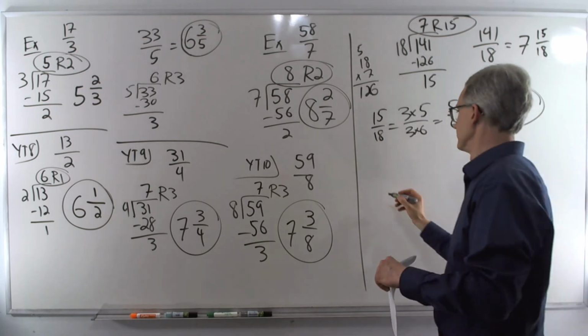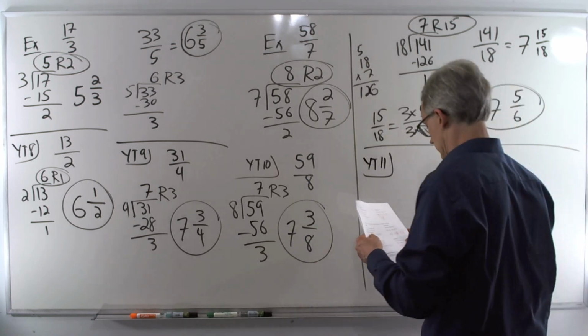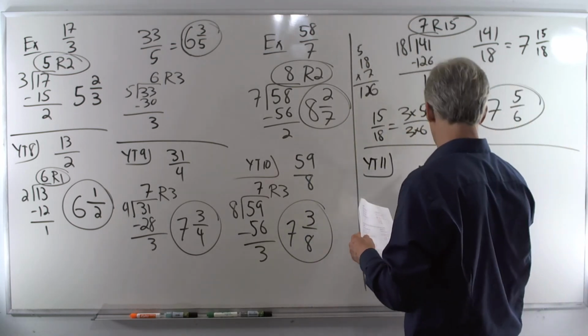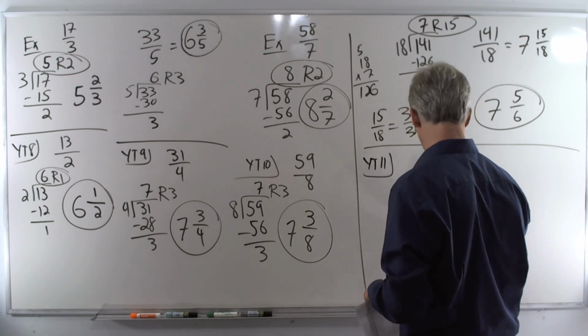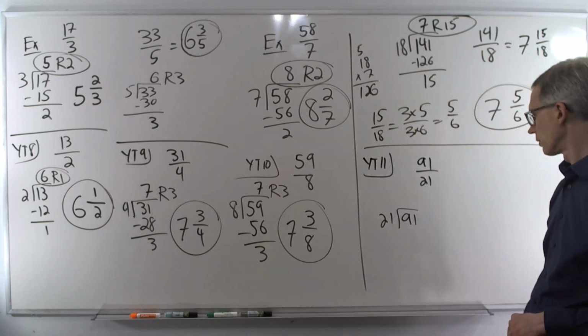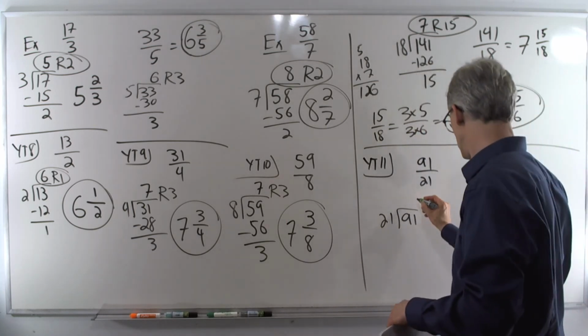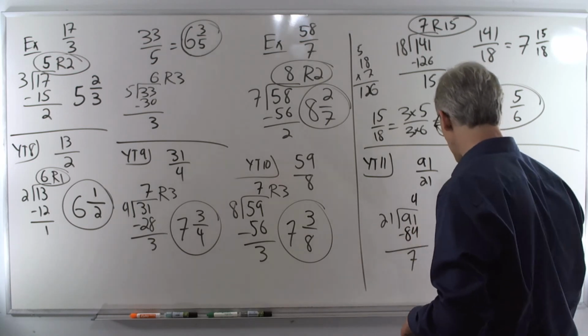Your turn, number 11. So we'll do 91 divided by 21. 21 will go in 4 times. That gives us 84. Subtracting, we get 7.